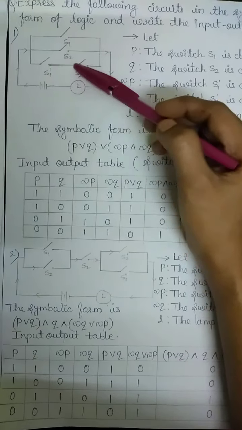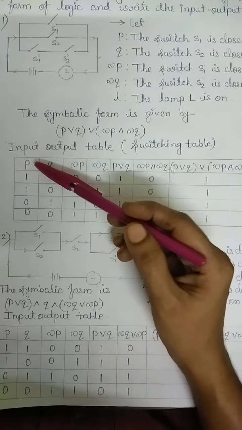Now the input output table, or we can say switching table. First we will write the required columns.